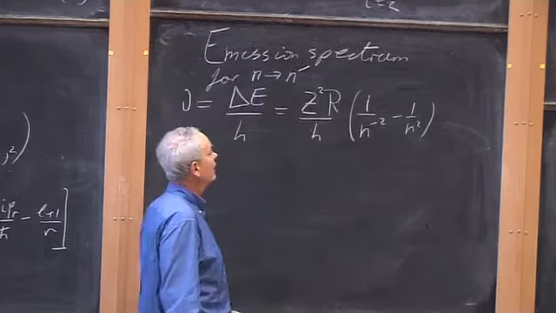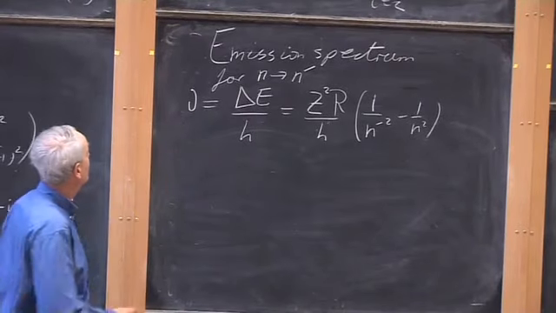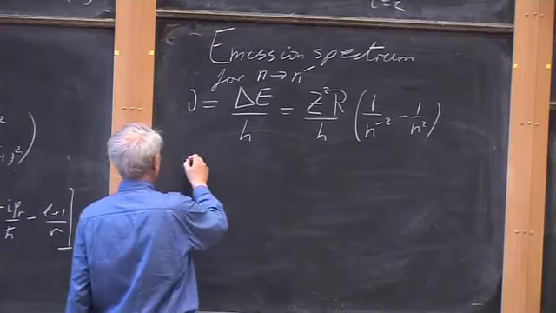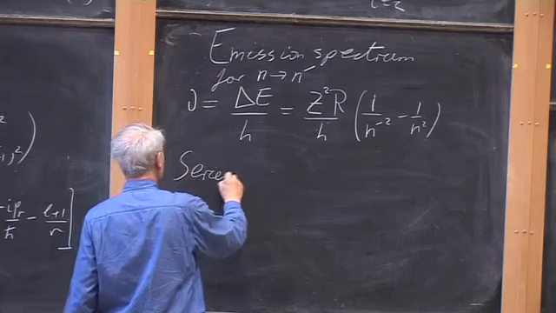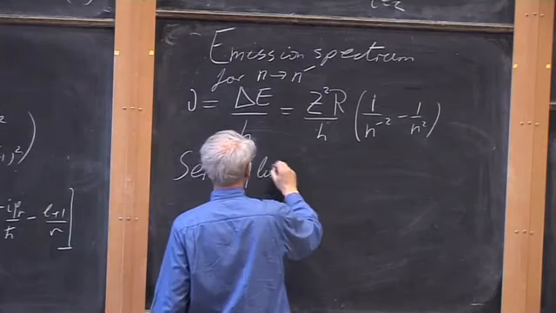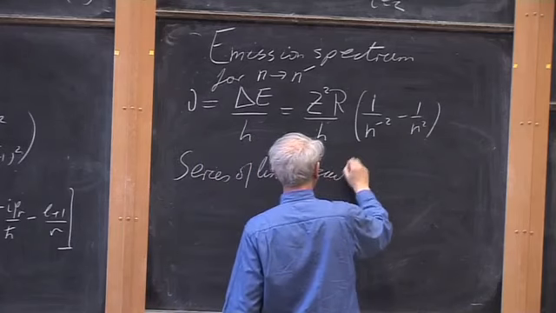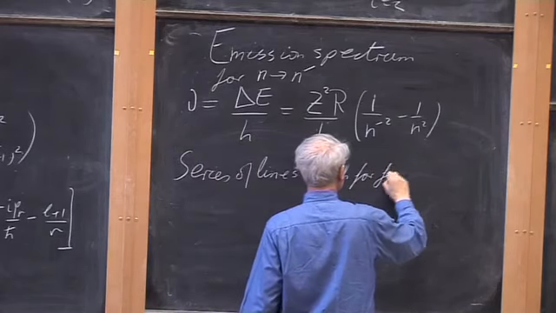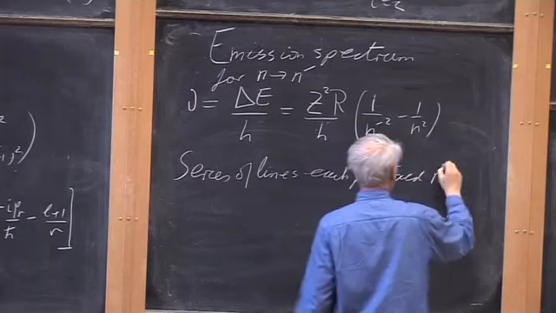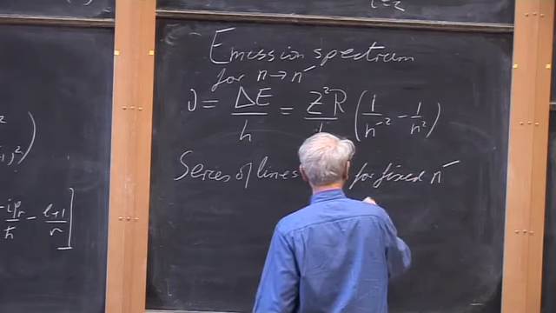So that gives you some frequency. What we have is a series of lines, each for fixed n prime, i.e. the bottom level.